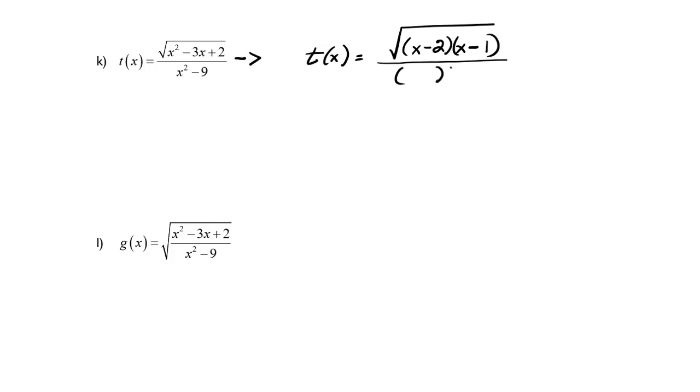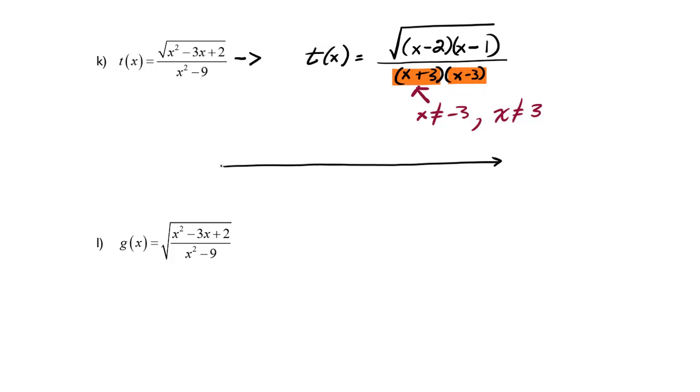And in the denominator, that is a difference of squares, so we will have an x plus 3 and an x minus 3. Remember, in the denominator, we can't have values that will make our denominator 0. So we know that x cannot equal negative 3 and x cannot equal 3. Those two values will make the denominator of t of x undefined.